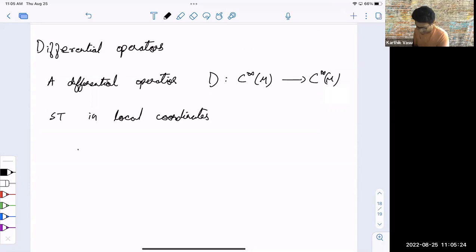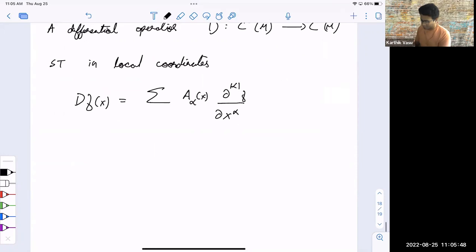in local coordinates, the differential operator of a function f will look like a summation of a_alpha(x) times d to the mod alpha by dx alpha of f. Basically, alpha is multi-index notation.